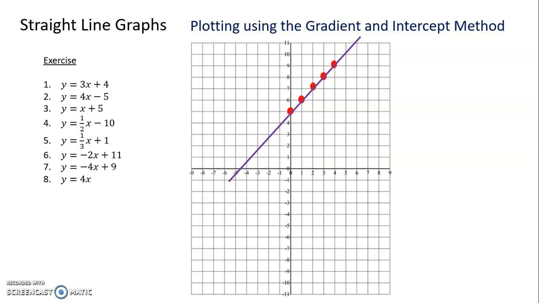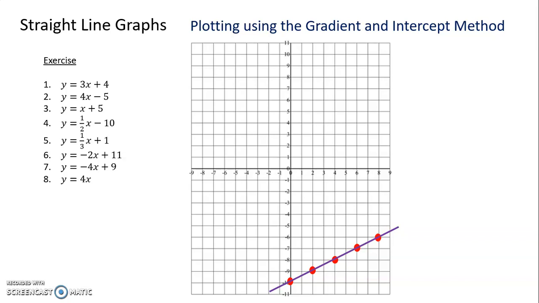Question 4, starting to get a little trickier now because we've got a fraction for our gradient, but the intercept is at -10 and the gradient is a half. So along one, up a half means that we've got to go along 2 before we can go up 1. So there we go, and join those up with a nice straight line.